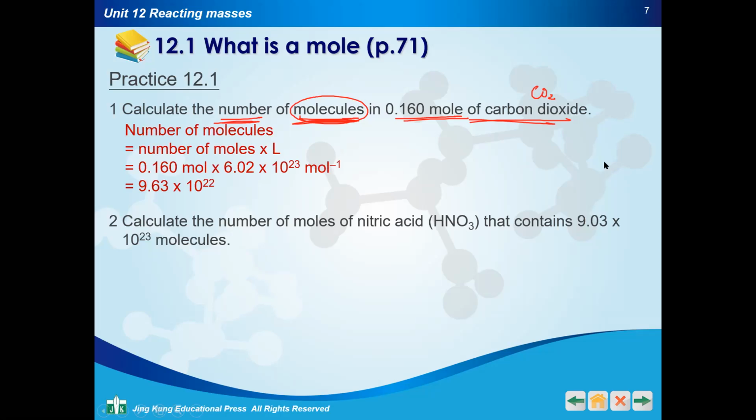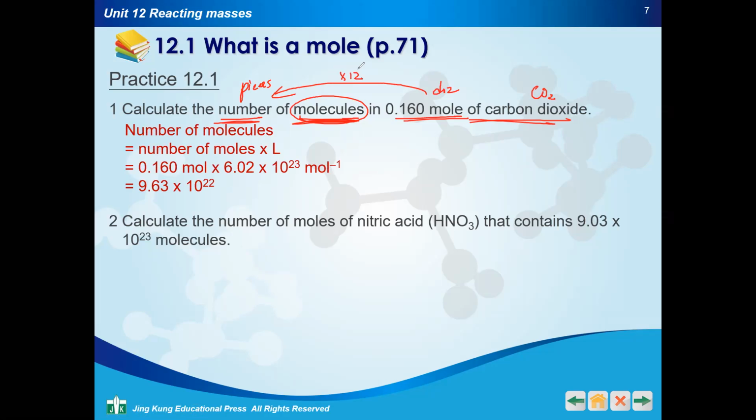It is simply the number of moles times Avogadro's constant, because you are going from dozen to pieces. Can you get my point? If I want to turn a dozen into pieces, you multiply it by 12.